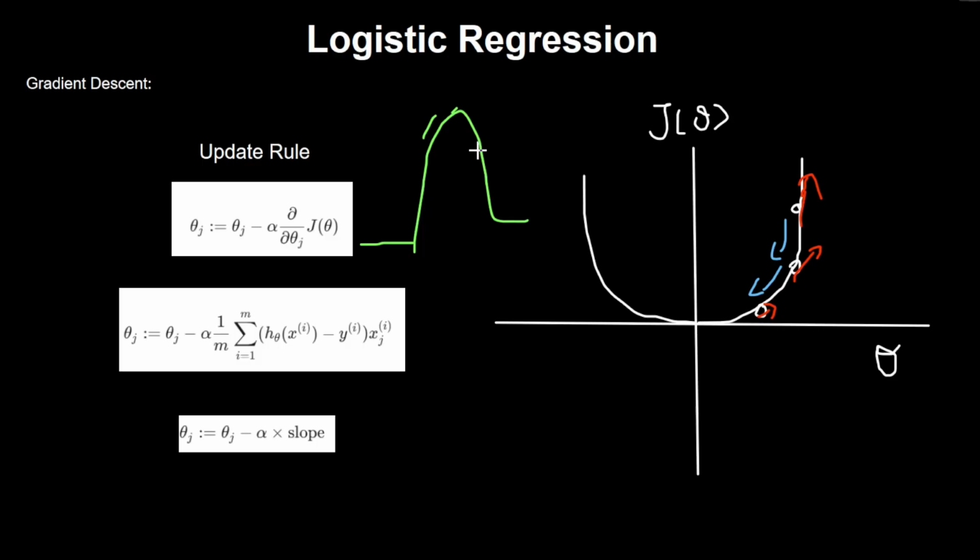At this point, if we draw a tangent line on the curve, we can find the slope. The slope is moving upward, so we have to move in the opposite direction of the slope, which is downward.